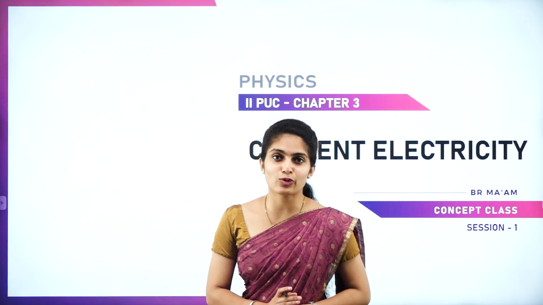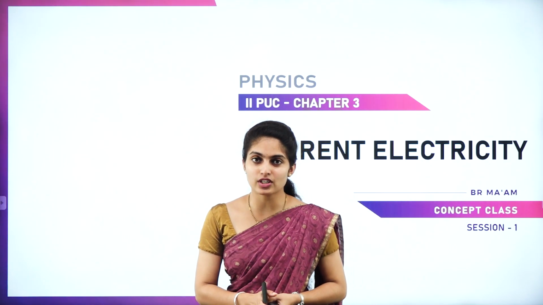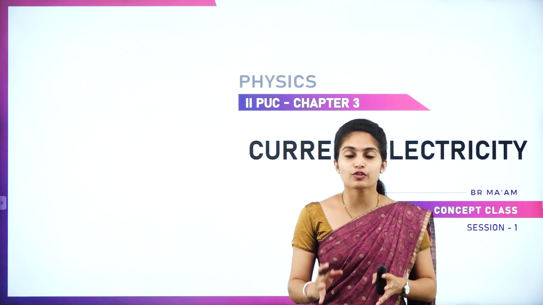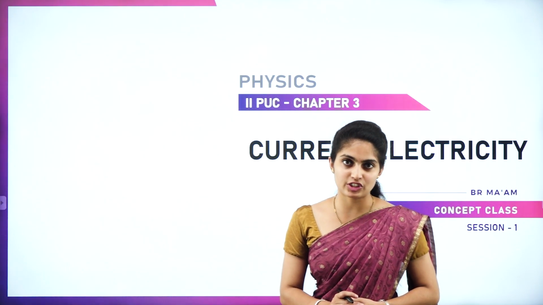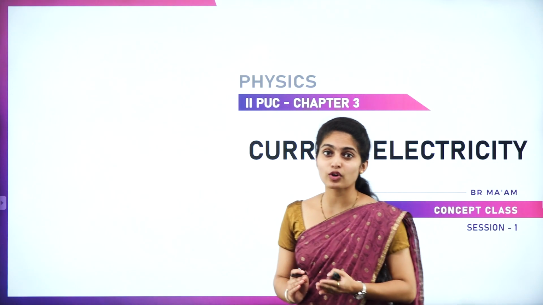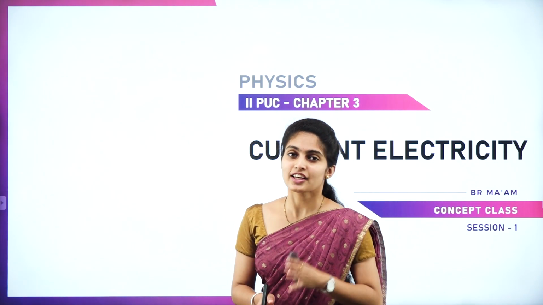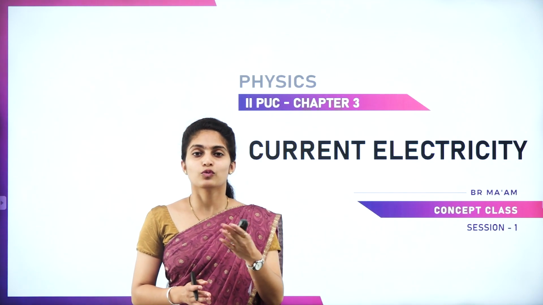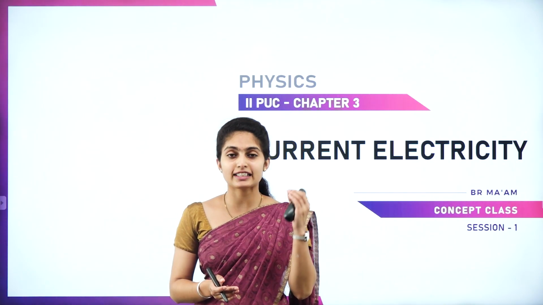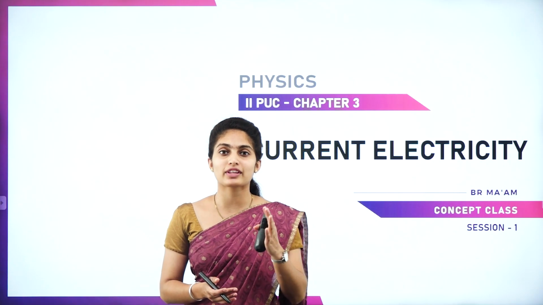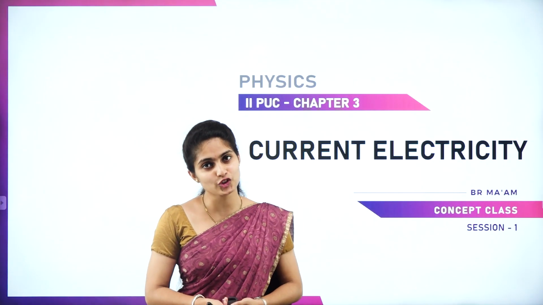This is known as a master chapter, wherein most of the weightage is from this chapter. So I want each one of you to concentrate and listen to the class so that 13 marks will be in your pockets, and it will be very easy for you to score those 13 marks from this master chapter.